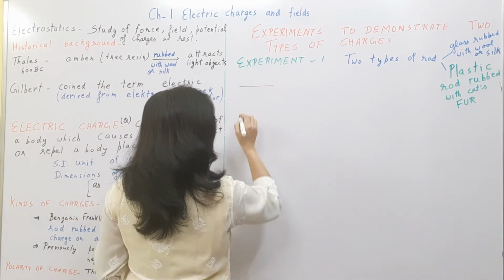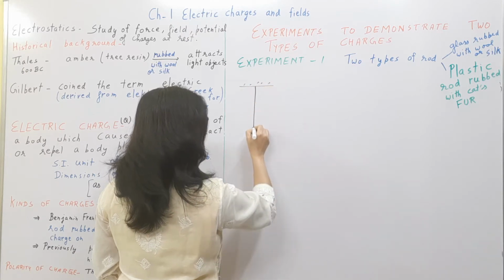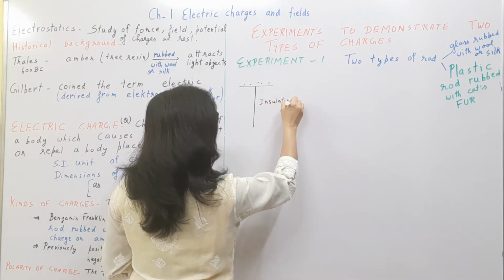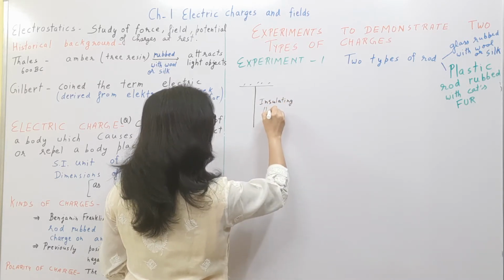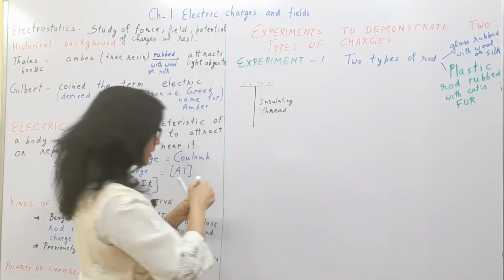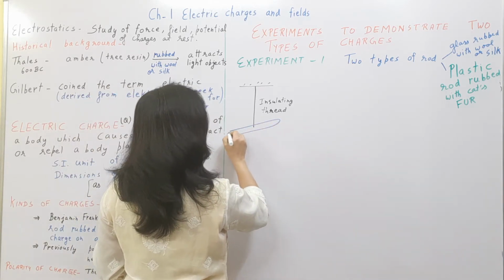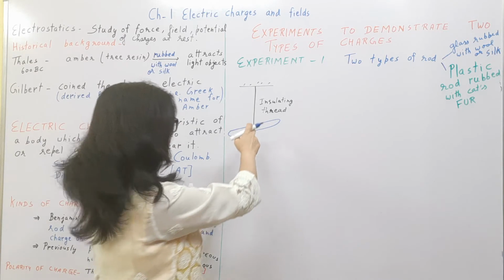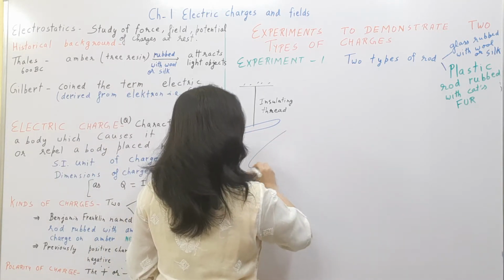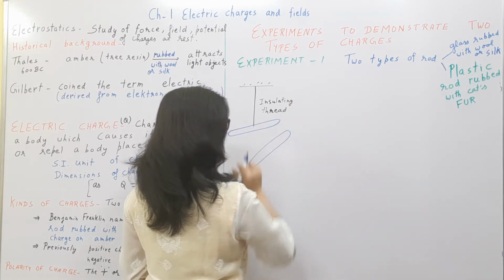So first of all, in the first case, with an insulating thread, the glass rod rubbed with silk is tied over here, and then another glass rod rubbed with silk or wool is brought near it.